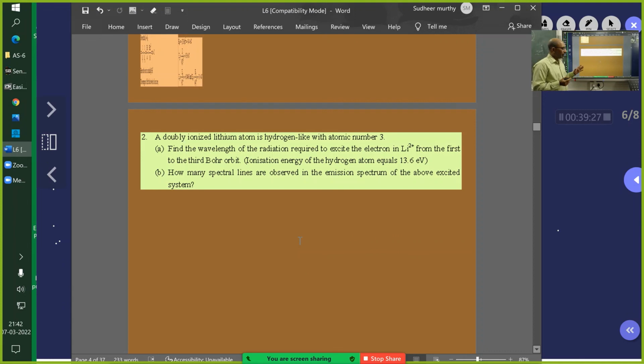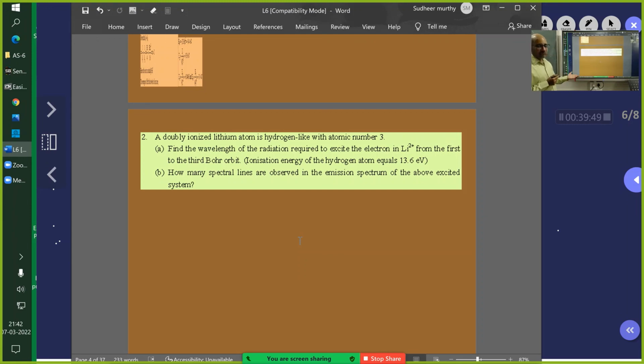Doubly ionized lithium ion. That means 2 electrons are knocked off. Lithium is a hydrogen-like atom with atomic number 3. Find the wavelength of radiation required to excite the electron in lithium 2 plus from the first to third Bohr orbit. Quite simple.